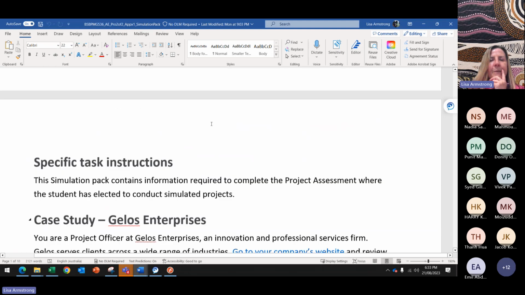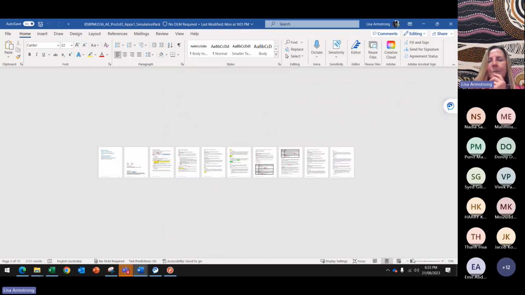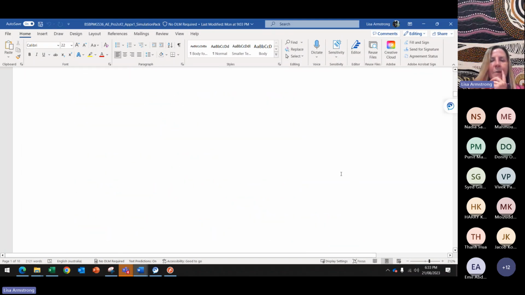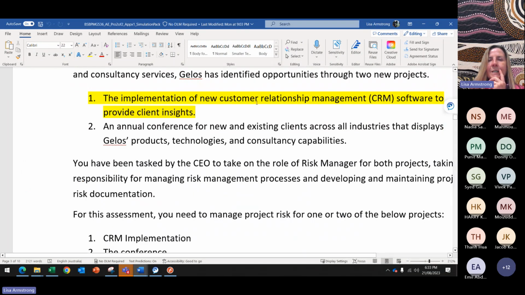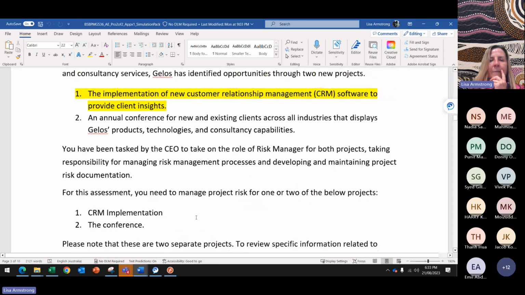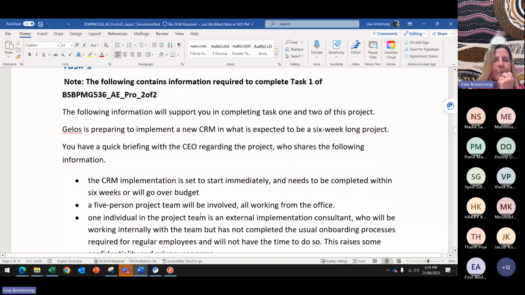Just to refresh our memories, where we've been is our first project, our new customer relationship, our CRM software project. That's what we have been working on so far. Our conference is our second one. We'll get onto that in a little while.